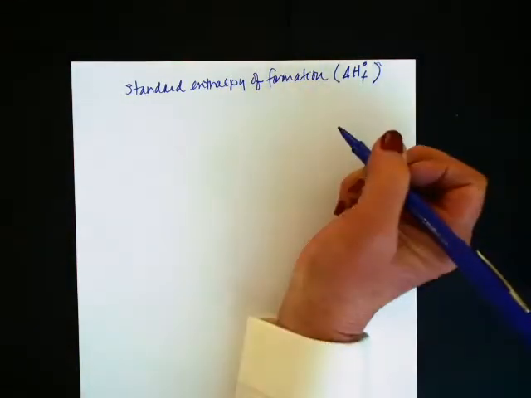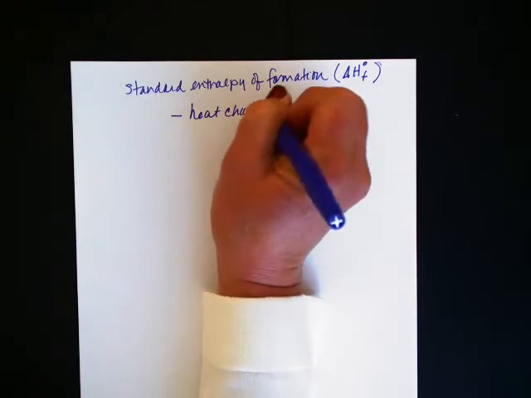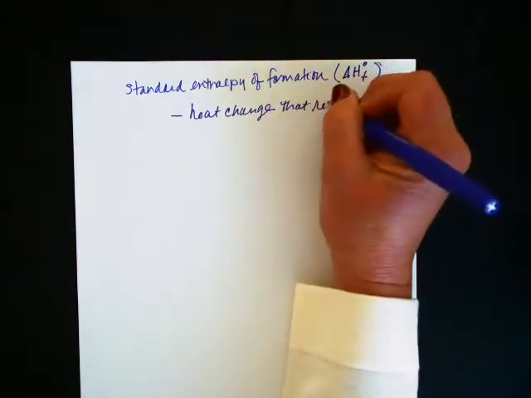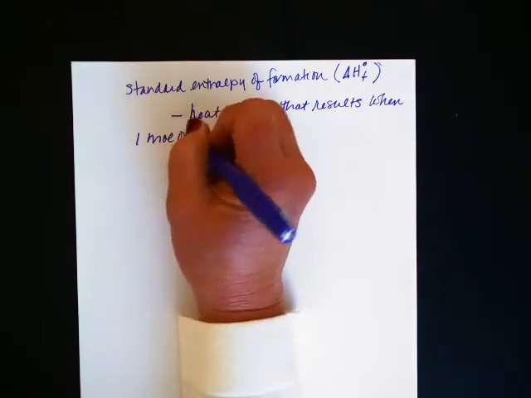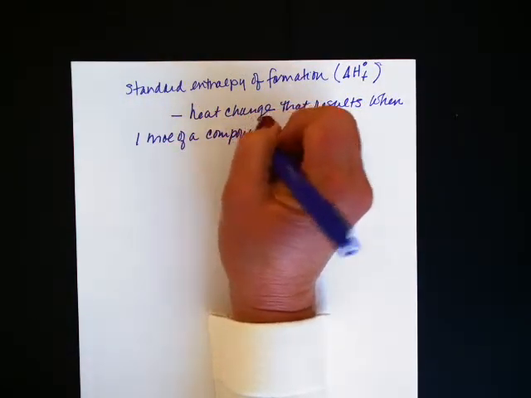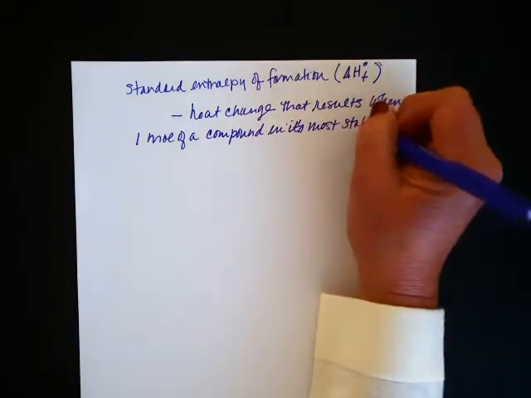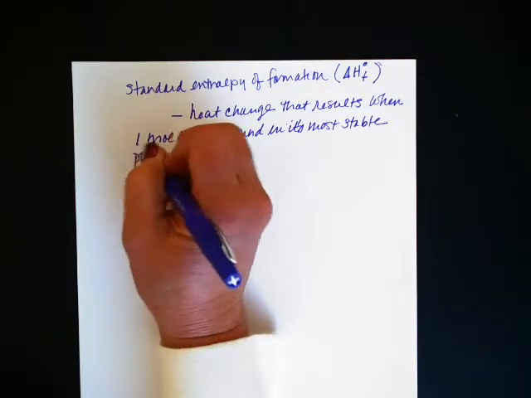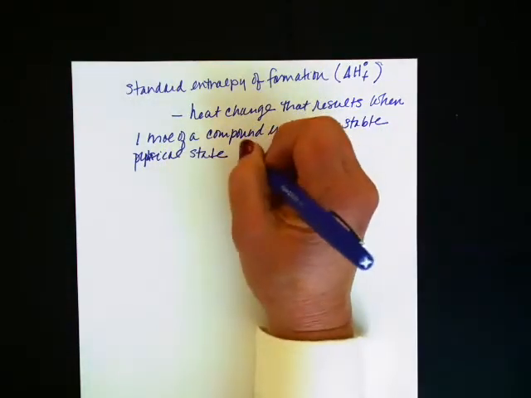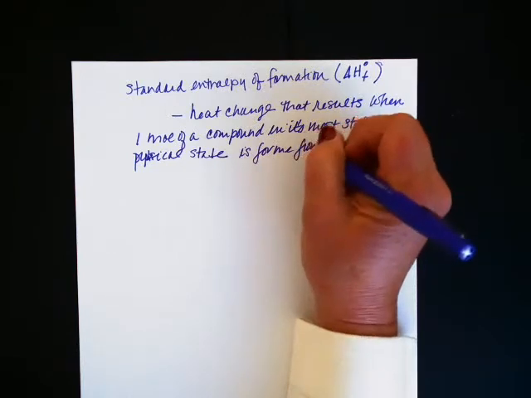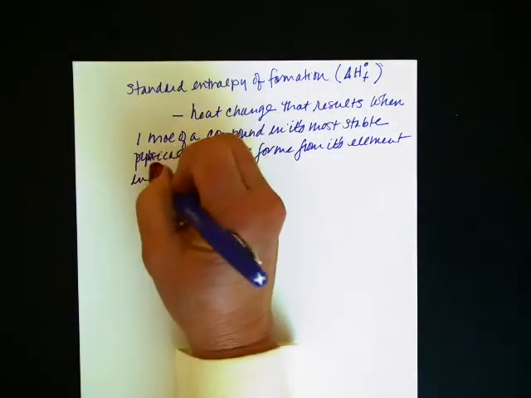And by definition, it is the heat change that results when 1 mole of a compound in its most stable physical state is formed from its elements, in their most stable physical state.